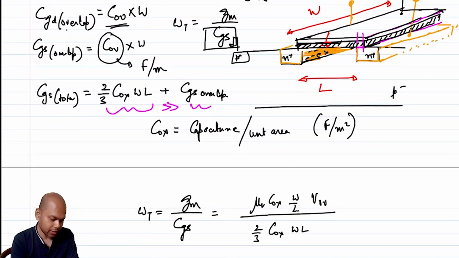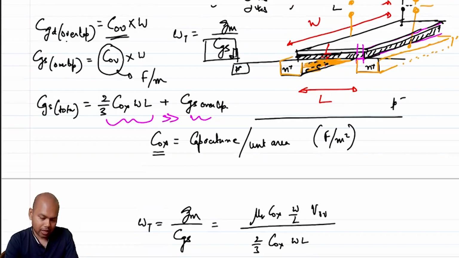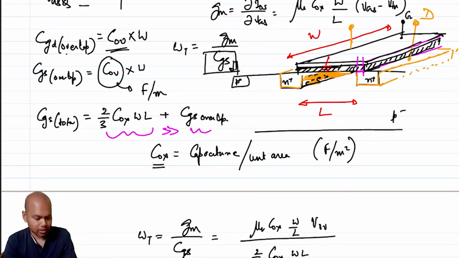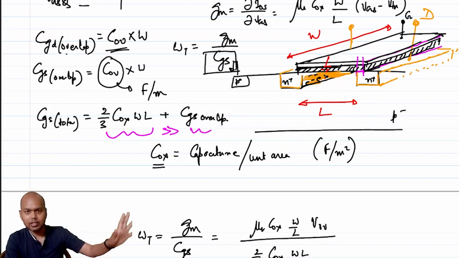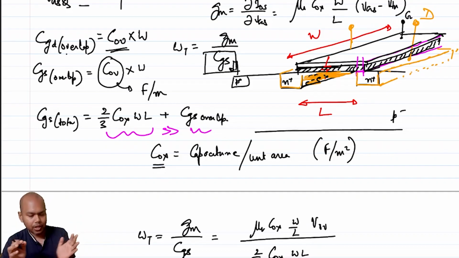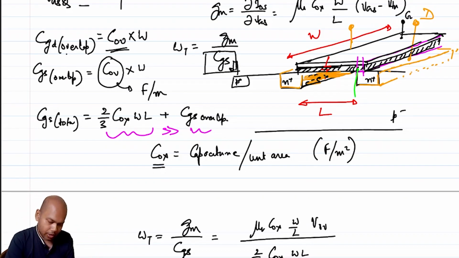This overlap capacitance is per unit length and this Cox is per unit area, and the reason this is expressed in this format is because the amount of overlap is not in a circuit designer's control, it's in a device designer's control. But once a technology is fixed, we cannot really control this overlap, right?